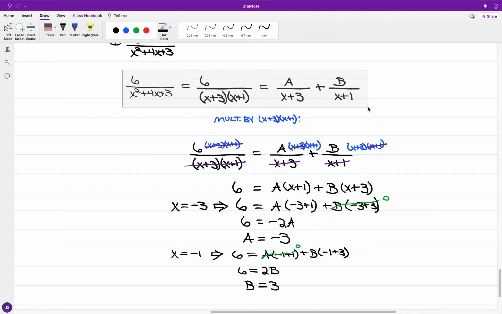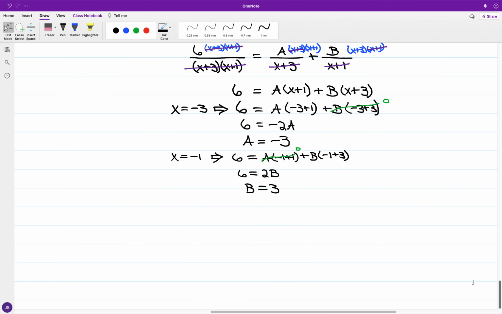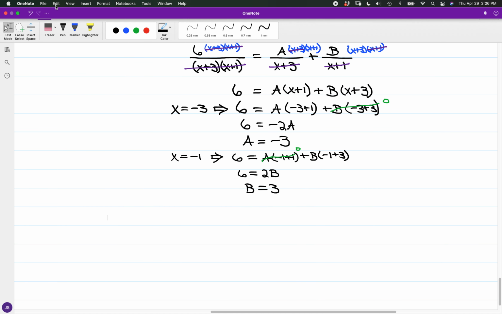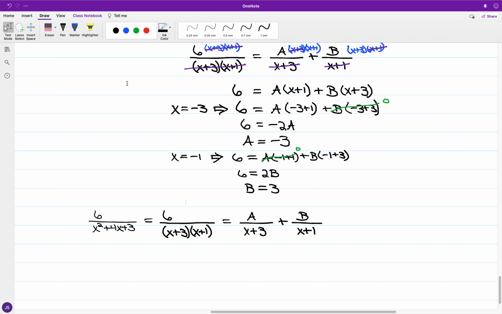And so in the follow through, we have A determined as well as B. And so for 6 over x squared plus 4x plus 3, this is going to become negative 3 over x plus 3, and we have plus 3 over x plus 1.